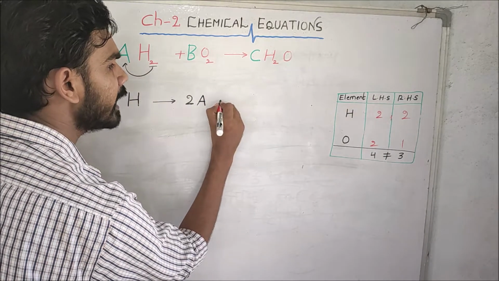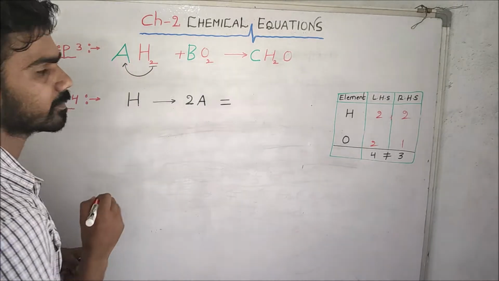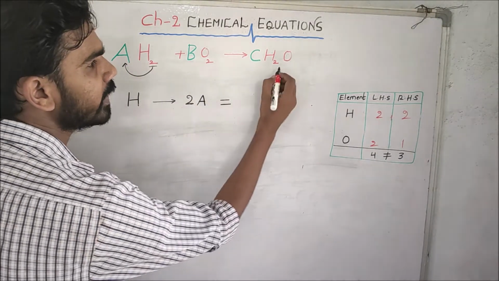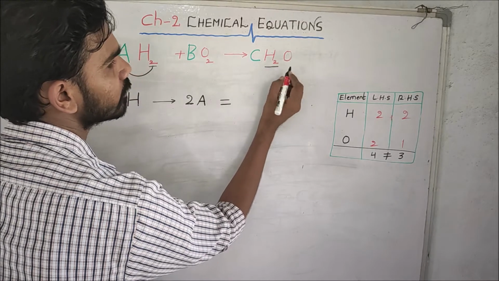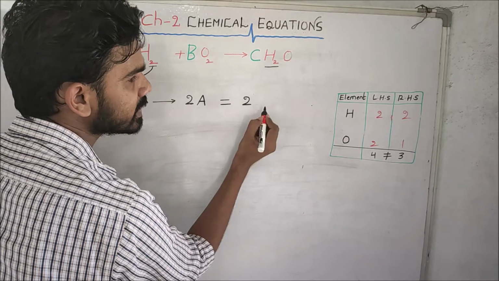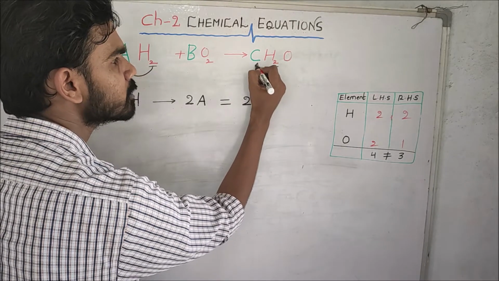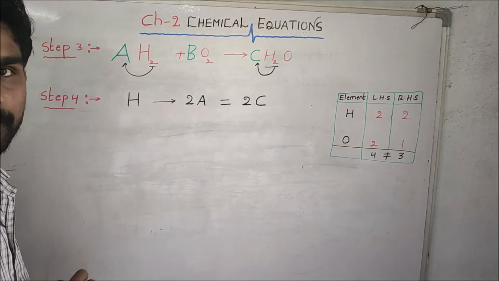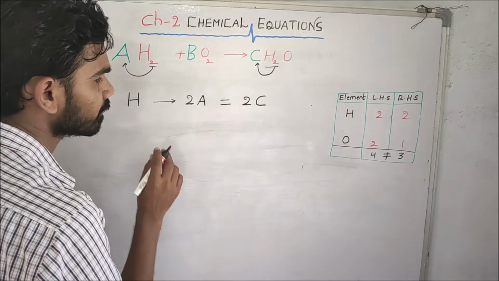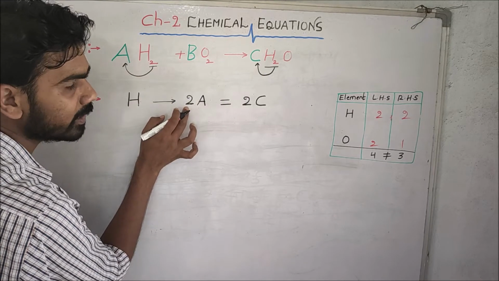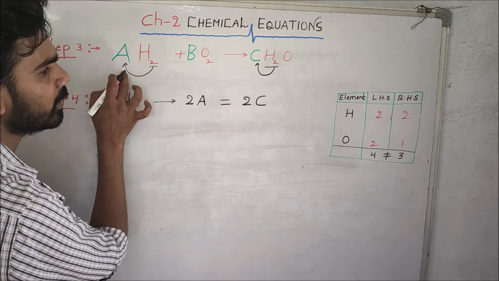Now it should be equal to right hand side. On right hand side, where are the hydrogens, Nana? Here. How many are there? 2 hydrogens. But this time, these 2 hydrogens belong to which family? C family. Very important. Hydrogens on reactant side, 2 are there, A family.